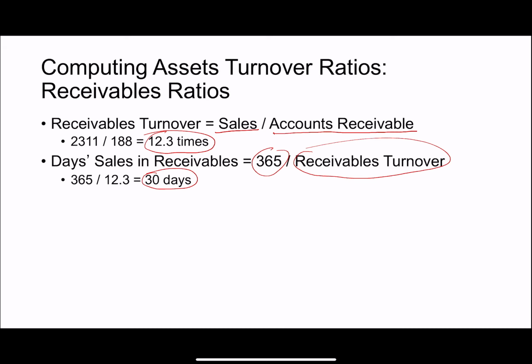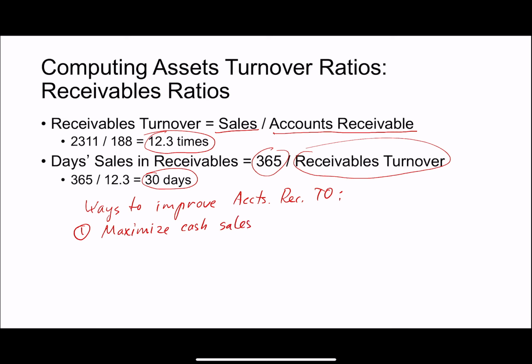So what are the ways to improve accounts receivable turnover? Well, number one is maximize your cash sales, or alternatively minimize your credit sales.